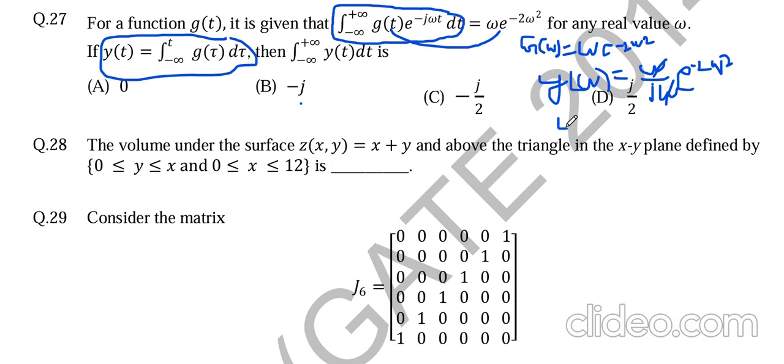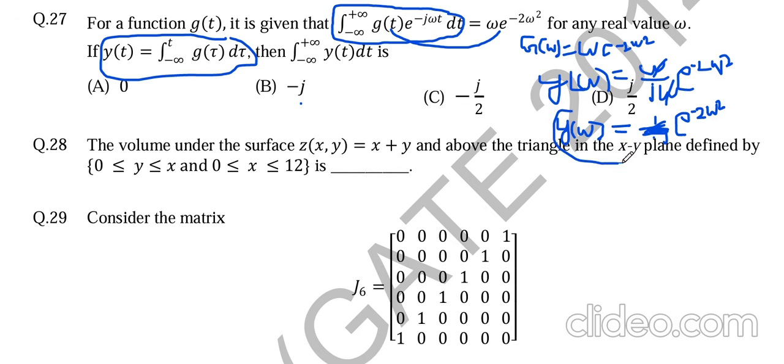So we simply get Y(omega) is equal to 1 by j, e to the power minus 2 omega square.